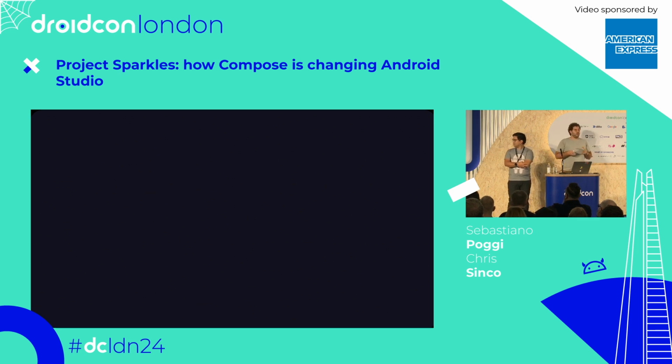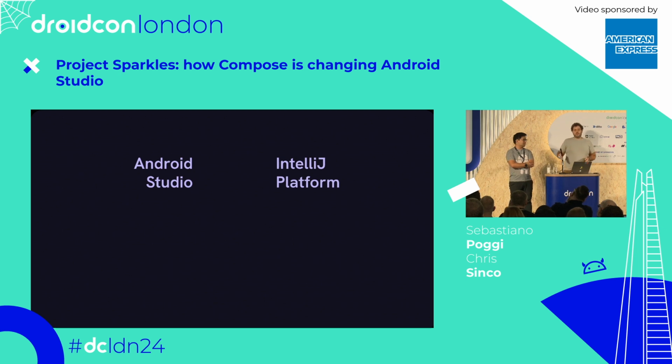So you might imagine, or maybe you even know, that the Android Studio team at Google and the IntelliJ platform team at JetBrains are working very closely together because, after all, Android Studio is built on the IntelliJ platform, and we're building features together and improving the platform for everyone.